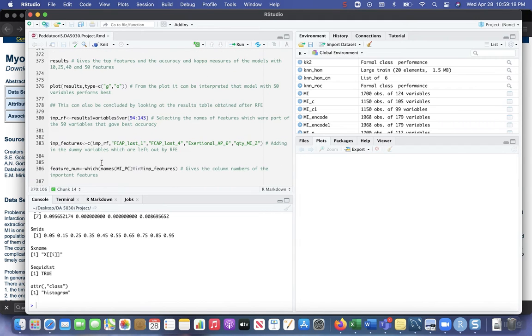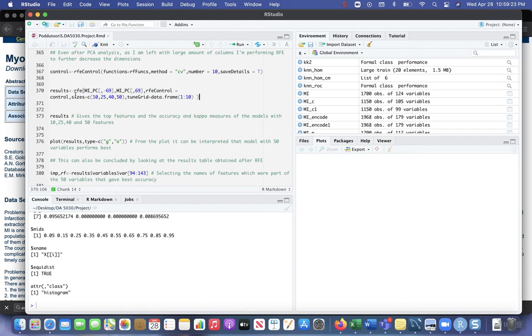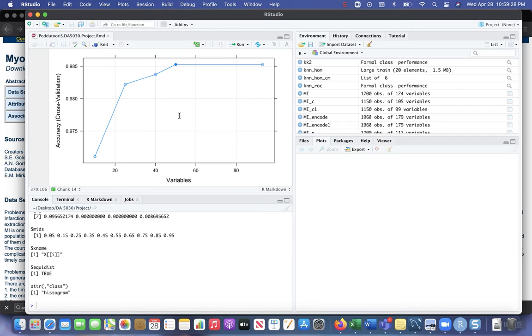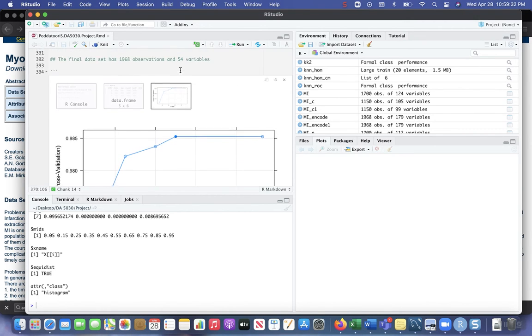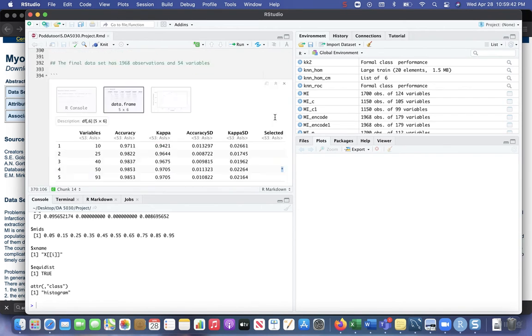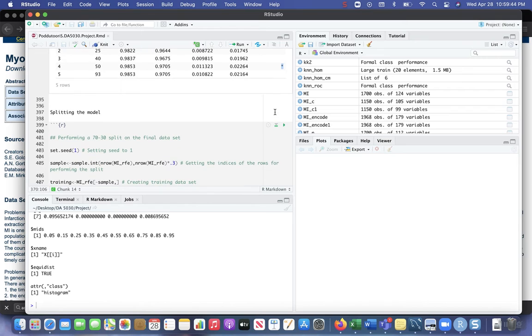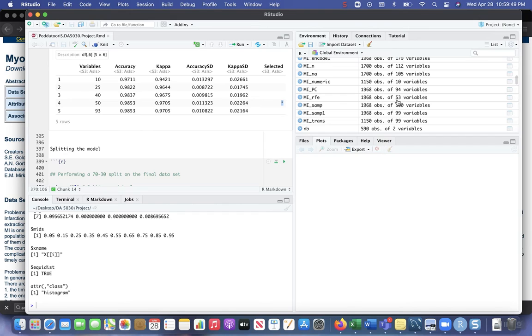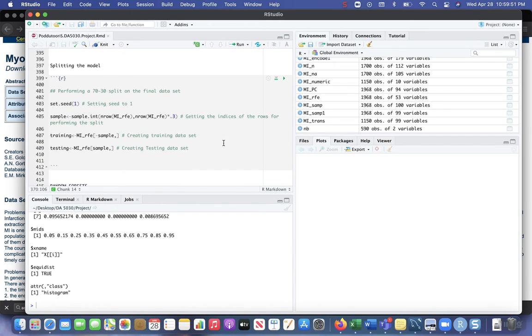I've inputted only 10, 25, 40, and 50 features. It gives me these accuracies, and the highest one would be with the 50 variables. The accuracy, as you can see here, of the model with the 50 variables was significant, and hence I selected that. Right now, the final model which I've selected for my analysis has 53 variables and 1968 observations.